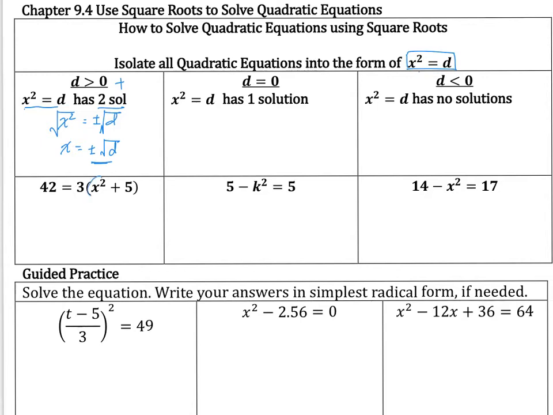My goal is to isolate x squared. Therefore, after solving this, I would get two solutions, positive or negative 3.